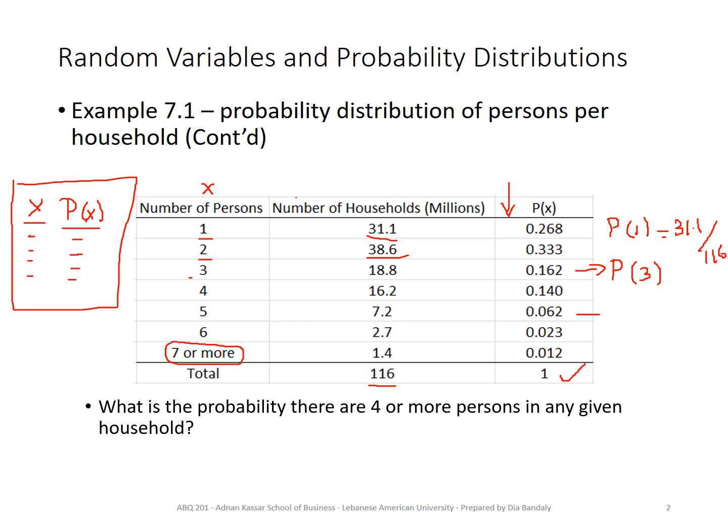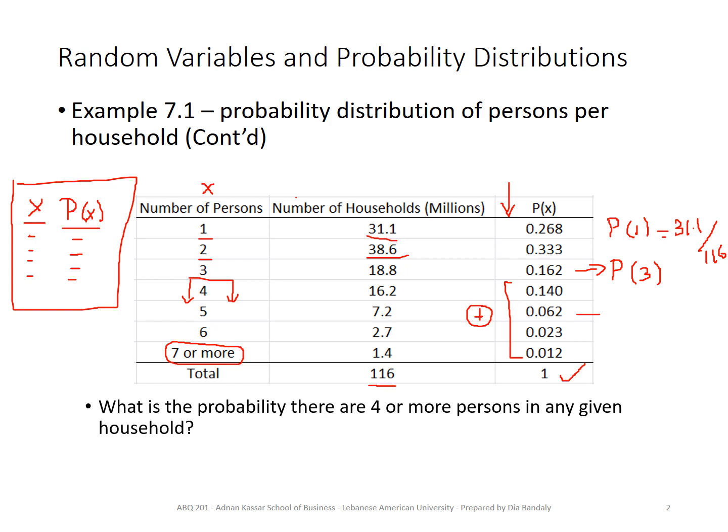So we're talking about these cases. To find this probability, remember the union rule. That means I have to sum up these probabilities. So we sum these up and we get the probability that we have 4 or more. This is how we answer any question about the probability of X. Once you have the probability distribution, that's it.